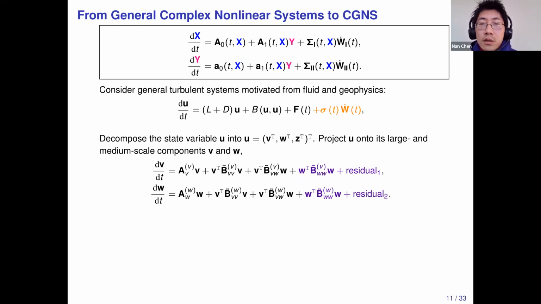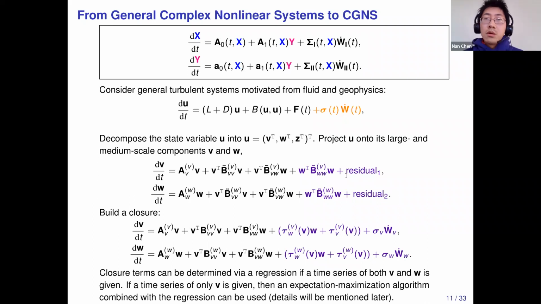And this system, of course, is not a conditional Gaussian system, because if we treat W as this Y, this term is okay, this term is okay, this term is also okay, but this term is not okay, right? We cannot allow these quadratic terms here, because Y we only allow to appear in a conditionally linear way. So what we can do is use a closure method.